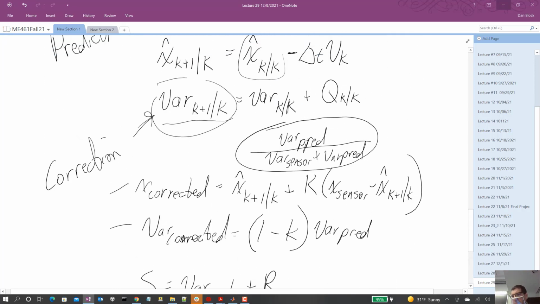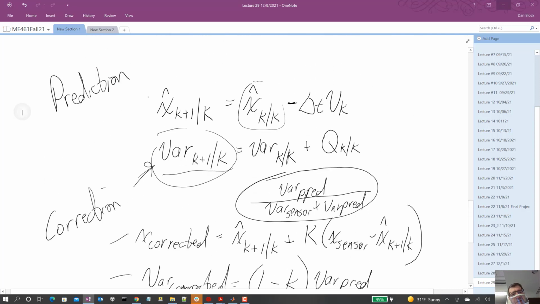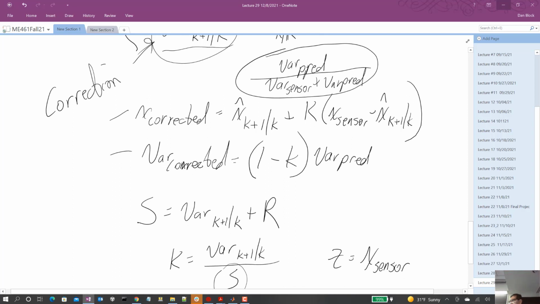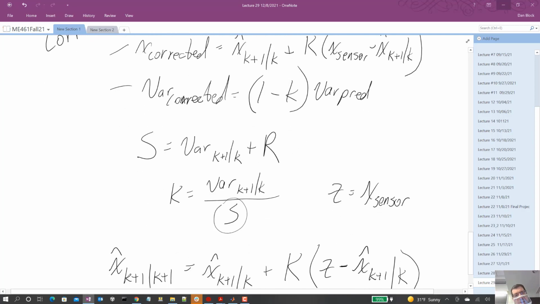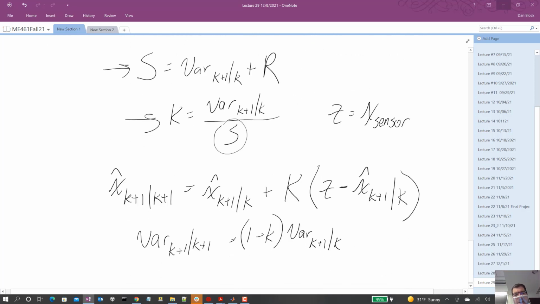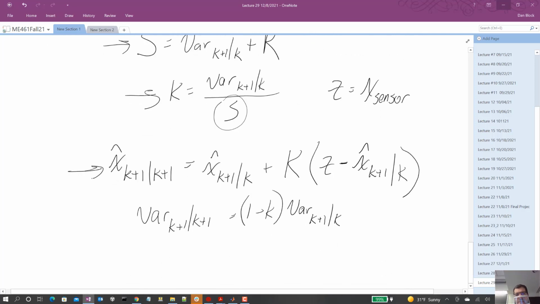The full Kalman filter is: we do our prediction, then whenever we get a new sensor reading, it does not have to be every prediction step, we calculate S, we calculate K, and then we correct with that K, and we also correct our variance, our trust, with K also.